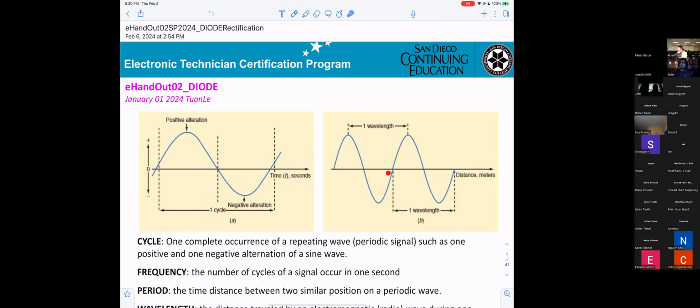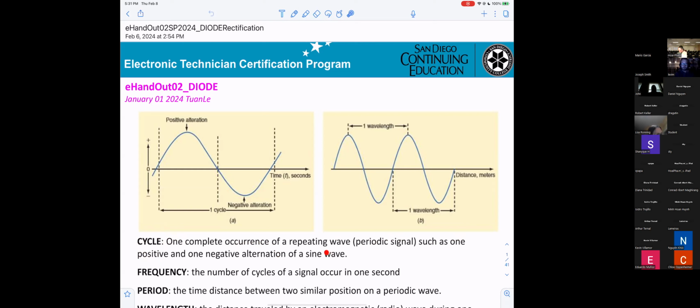And this one we don't care about. That's for radio frequency, not for what we have to learn at this time. Try to memorize the definitions here. Cycle: what is a cycle? One complete occurrence of a repeating wave, a periodic signal, such as one positive and one negative alternation of the sine wave.